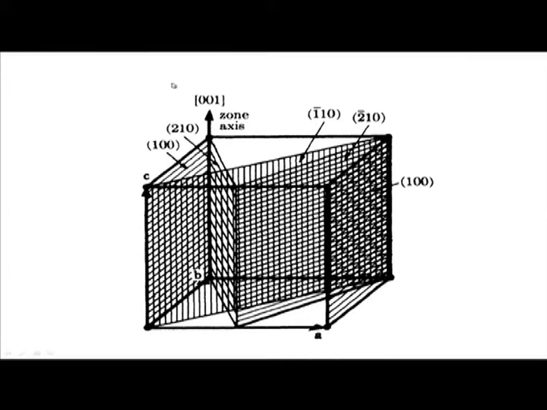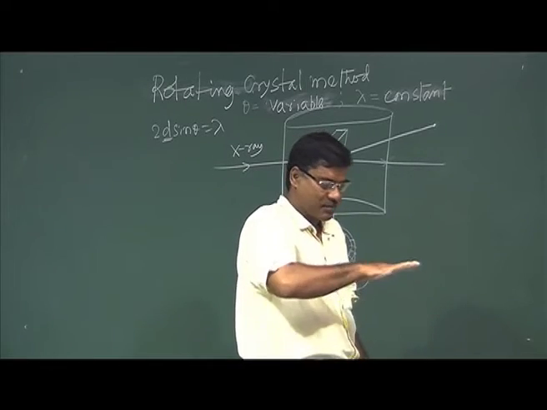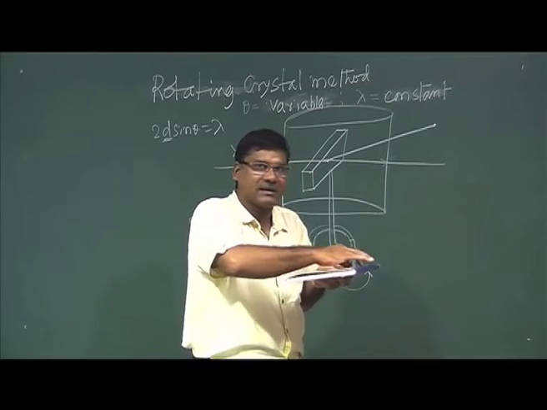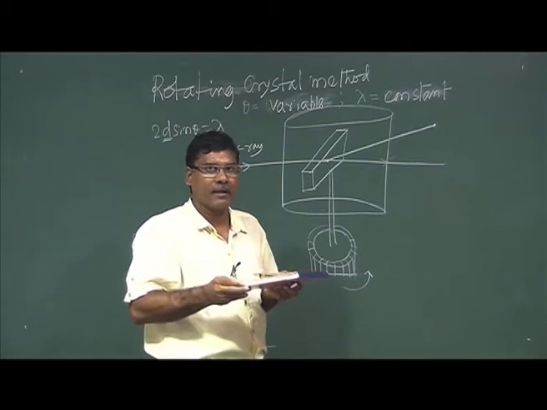Okay. So these all planes are called zone planes, these planes form a zone, and this is called zone axis. And if you draw normal to each plane, the normals will be in different directions, but they are coplanar. So all normals are coplanar, right.